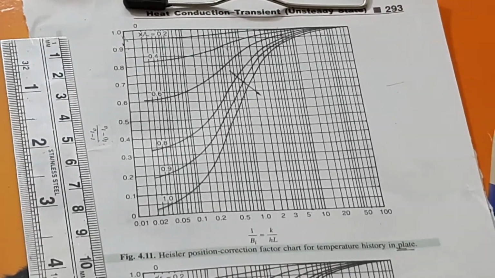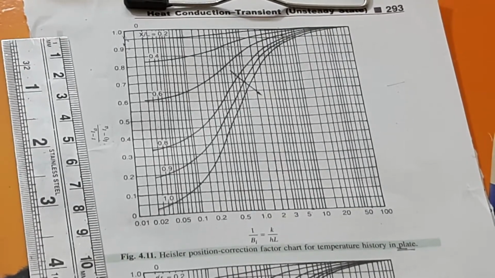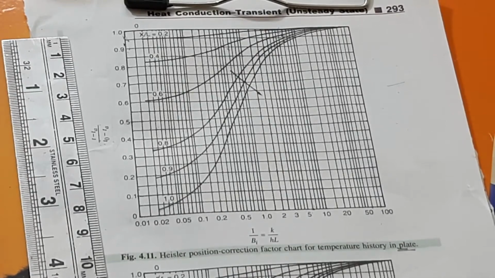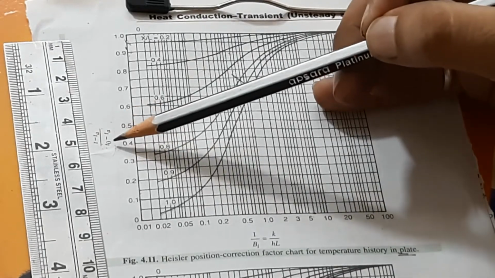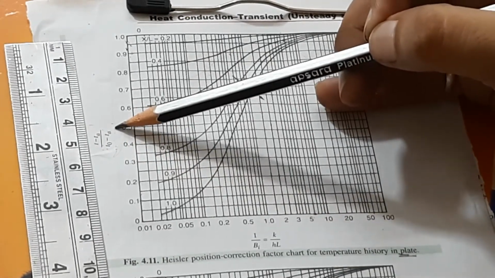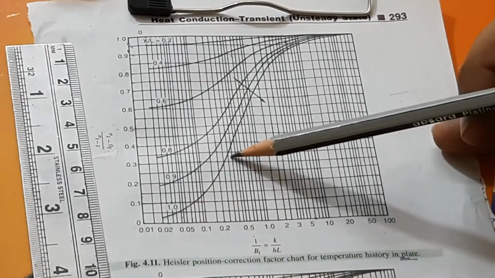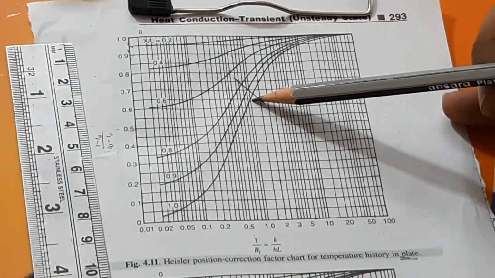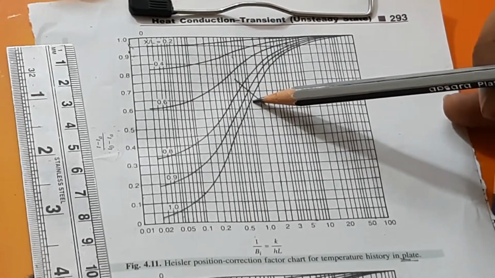Now we will see how to read the correction factor chart. As we already know, these charts are between the factor (T minus Ta) divided by (T0 minus Ta) and 1 upon Biot number. These curves correspond to the values of x by Lc.